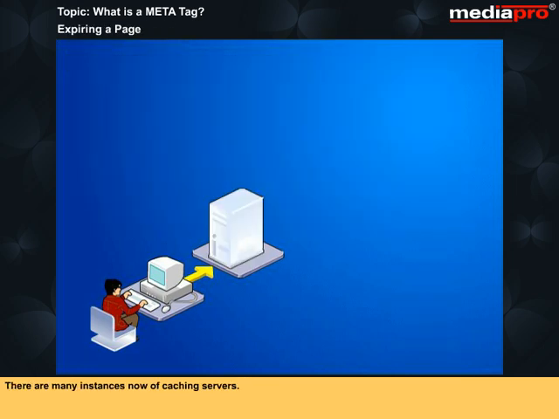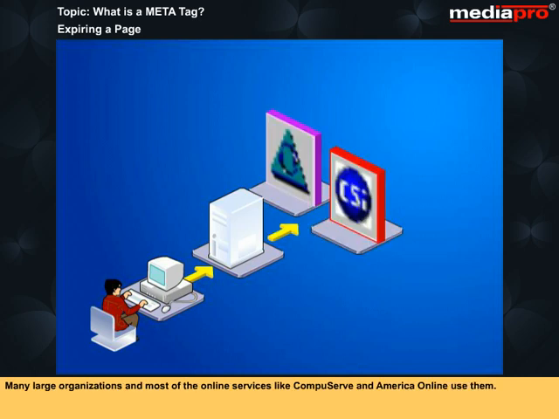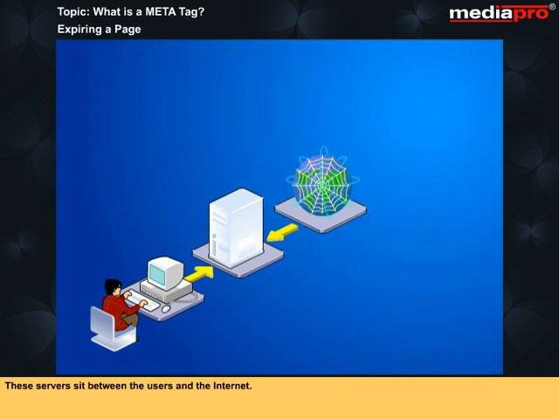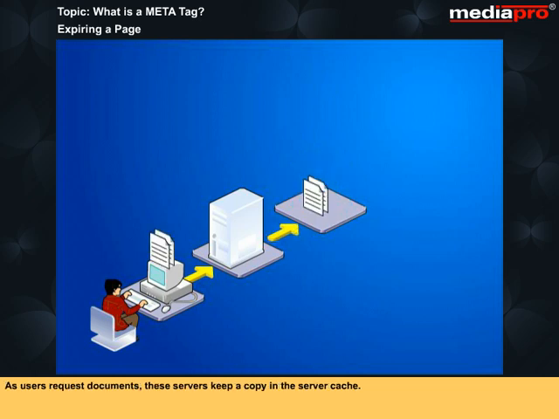There are many instances now of caching servers. Many large organizations and many of the online services like CompuServe and America Online use them. These servers sit between the users and the internet. As users request documents, these servers keep a copy in the server cache.